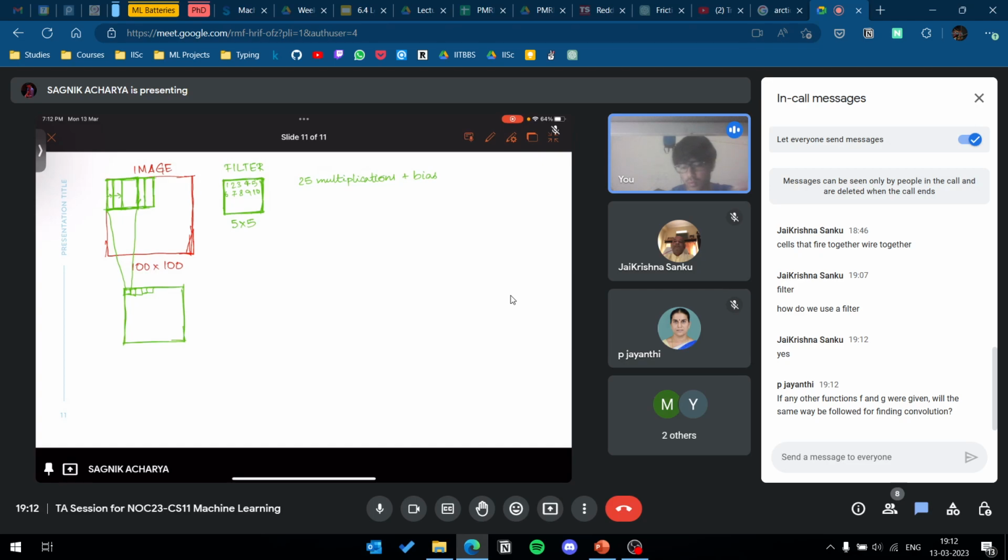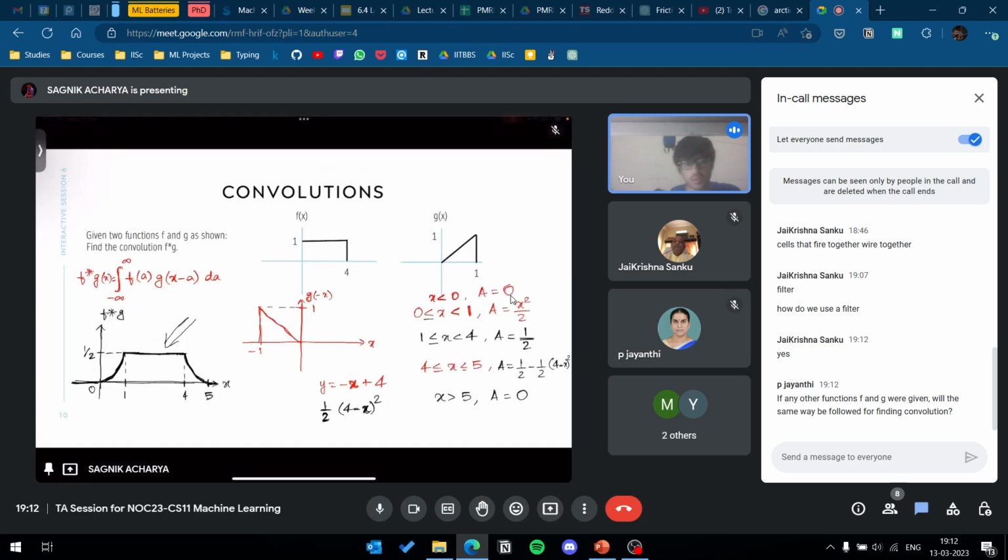What I showed you, this is if you have some simple functions like this rectangle and a triangle, then you can use the area method instead of doing this integration.